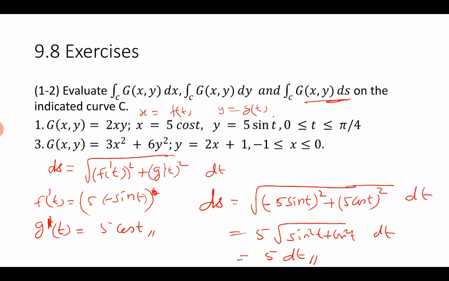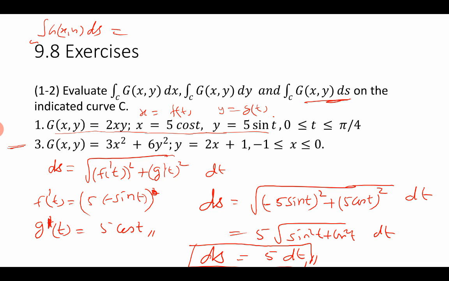Okay, so ds is pi times dt. We got it. And now we have to expand the formula. Integral g of x comma y ds along c is, for the problem number 1 we are doing, isn't it? Problem number 2 is not in parametric form, which is in implicit form, isn't it? Implicit form. Okay.